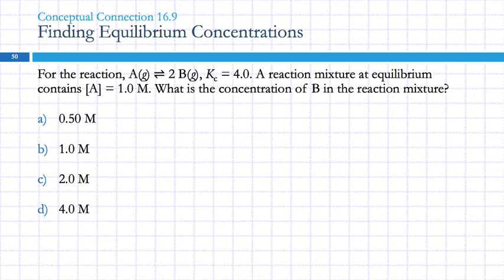It doesn't mean we won't need to think about numbers, though. I like the number part, and so I like to write some stuff down here, right? So the equilibrium constant is equal to the concentration of the product squared over the concentration of the reactant.